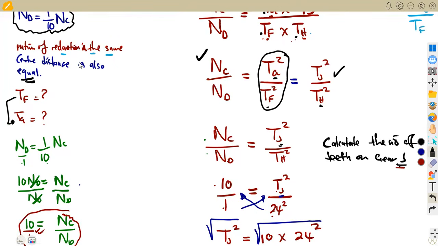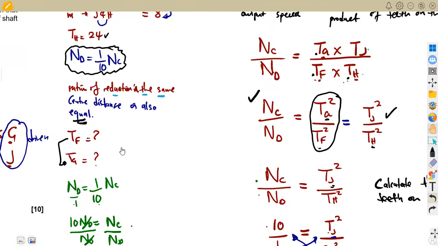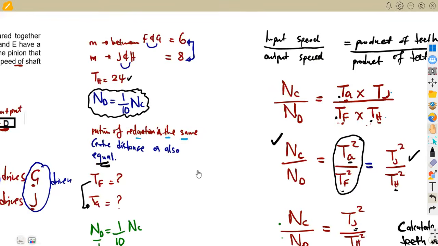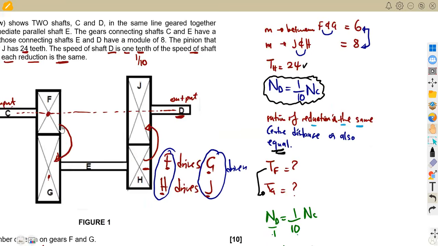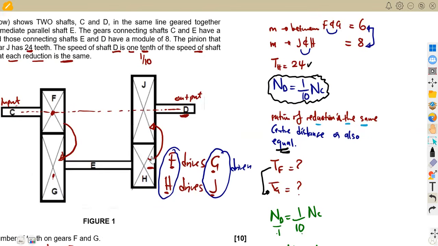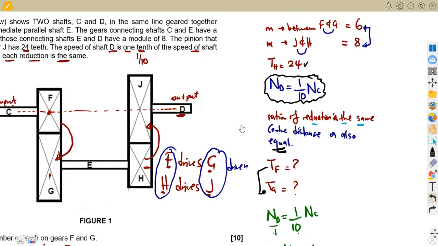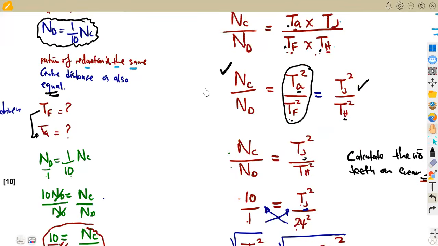If you understand this concept, you are going to consider the center distance between the shafts that we considered, between F and G, and between H and J. That is why we are given the modules. With this, we are going to formulate a formula for the center distance.